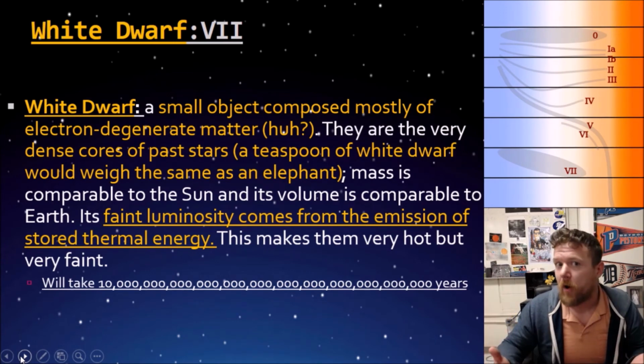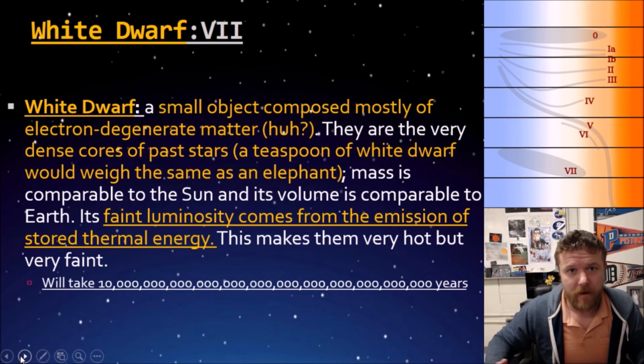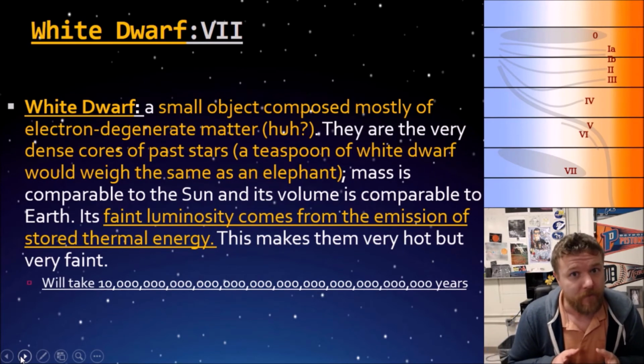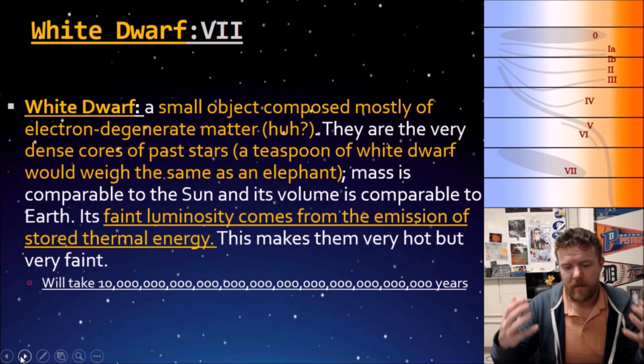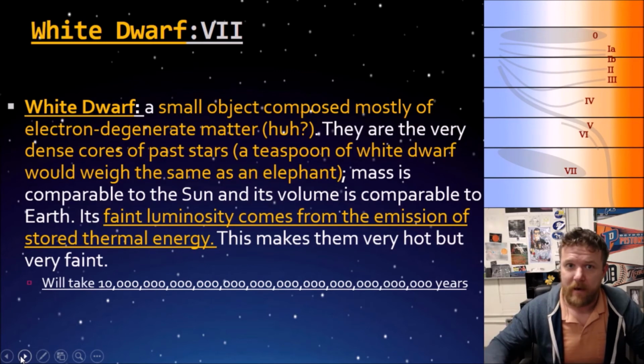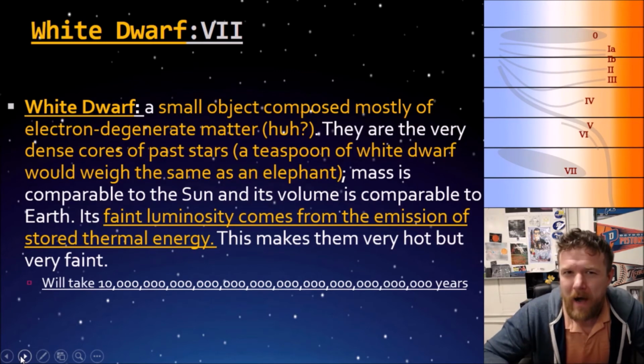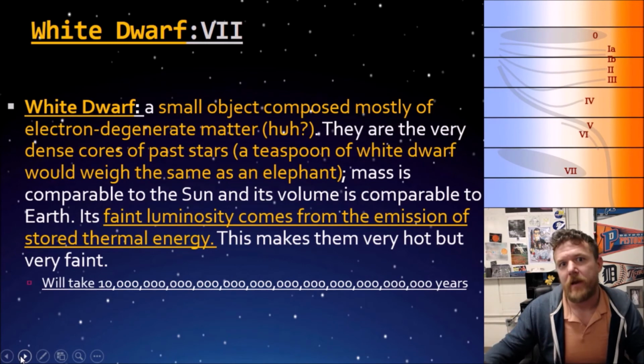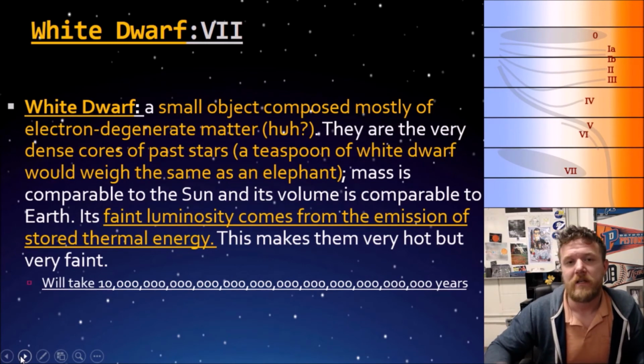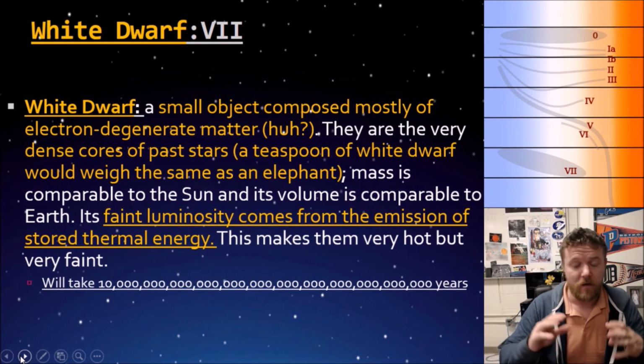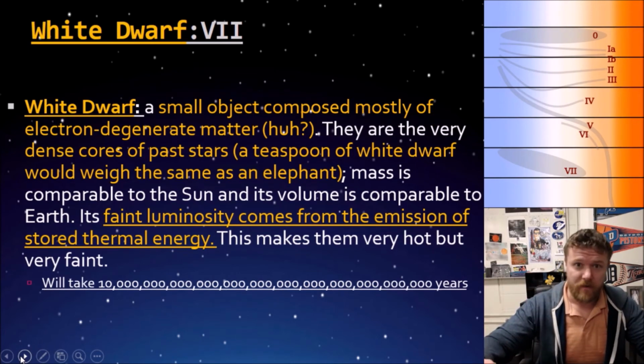And so they are glowing with blackbody radiation. It's not light produced with fusion, it's leftover heat energy that's being radiated out. And because they are so hot, that heat energy that's being radiated out is in X-rays. So we actually didn't see them until we started looking out with X-ray telescopes.